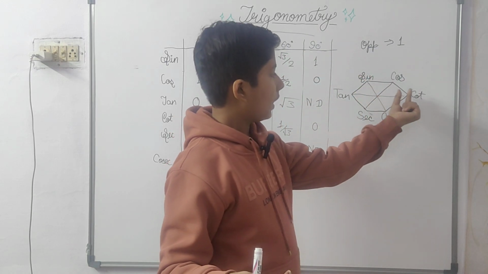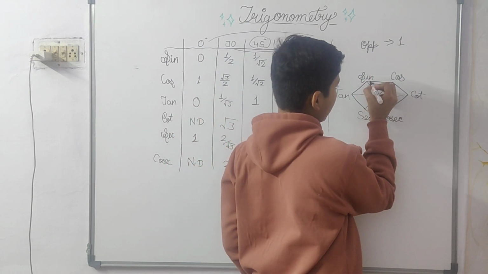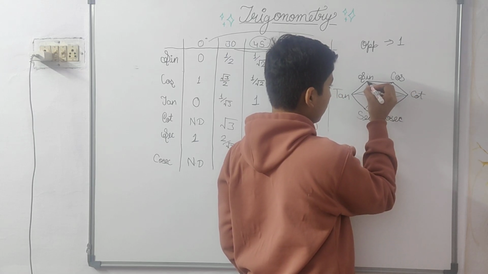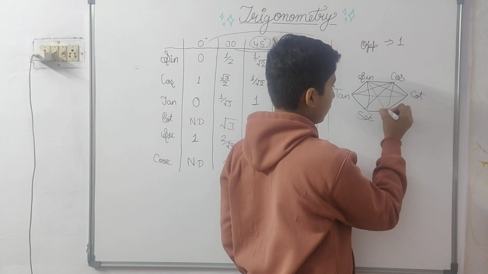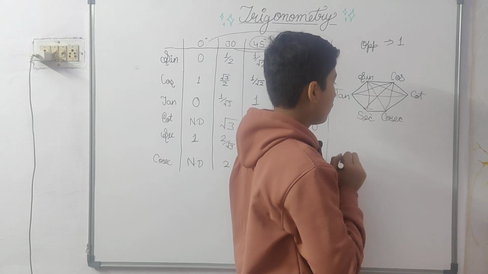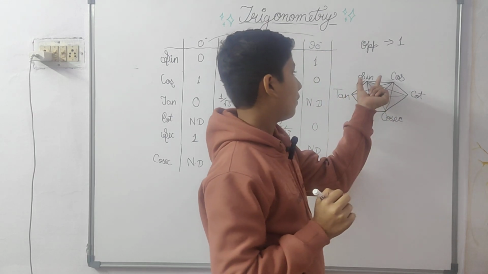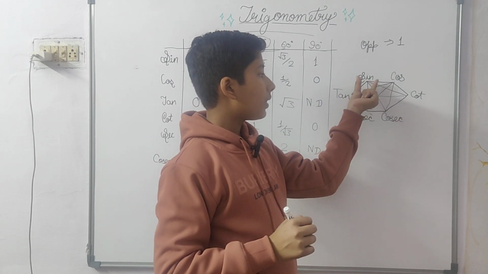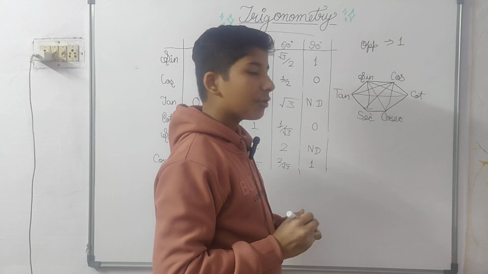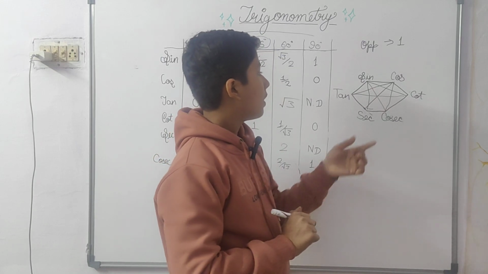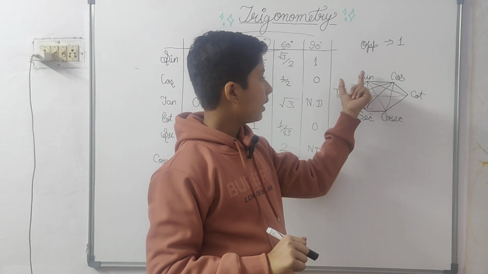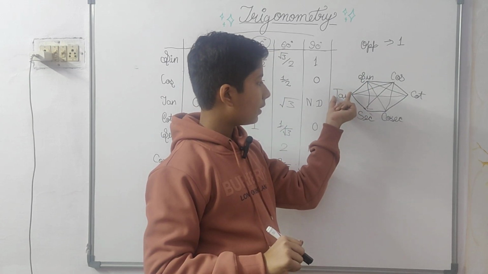But if it is saying to multiply the adjacent ones, like this, okay, meaning leaving a gap in between. For example, sine into cot. Sine into cot will be cos, meaning this multiplied by this will be the mid value.